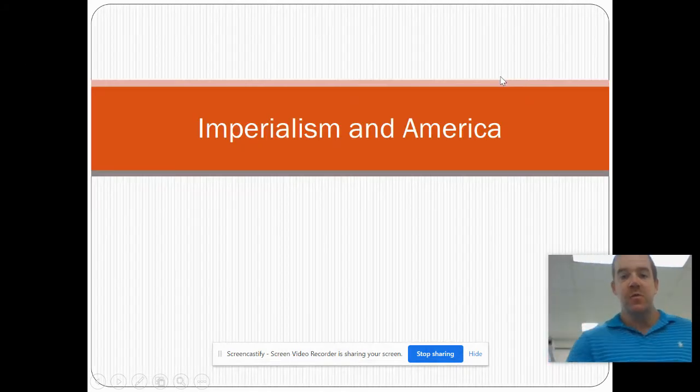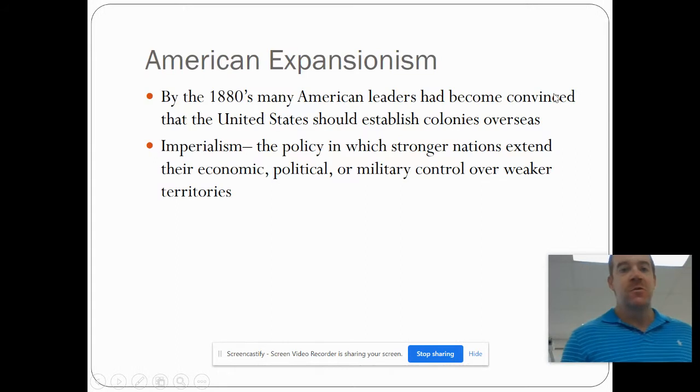Imperialism and America. American expansion. So America has kind of been growing up, expanding itself throughout the continent. Now it wants to announce its presence on the world stage. So America needs to establish colonies overseas. That's the idea behind this.